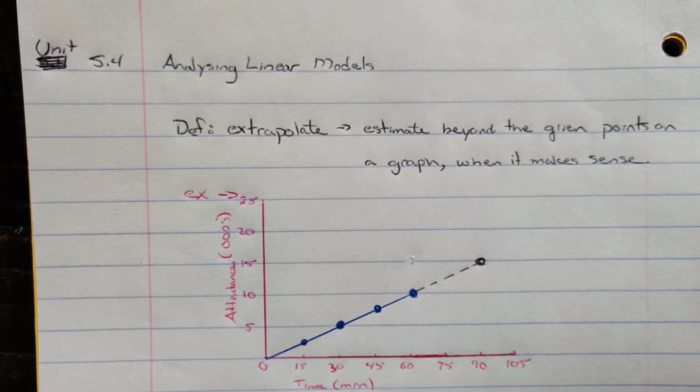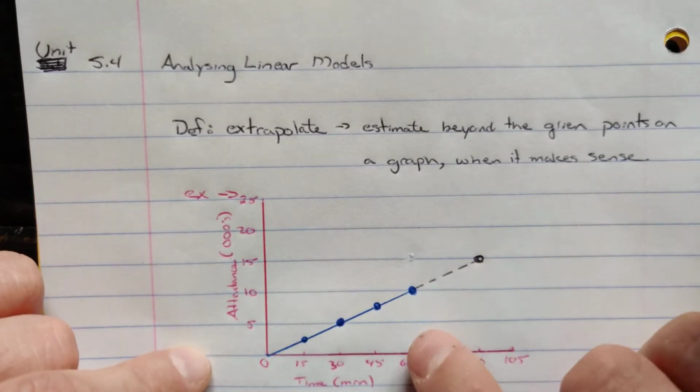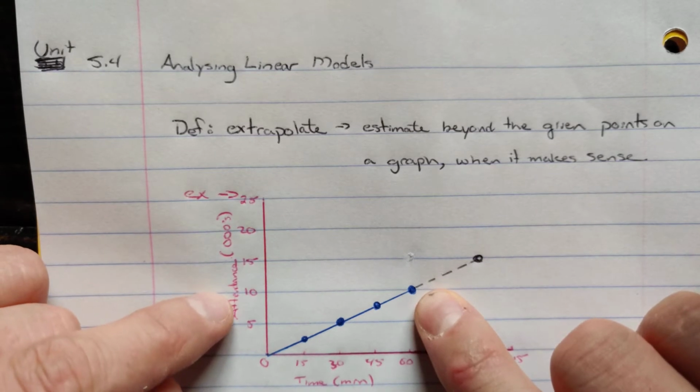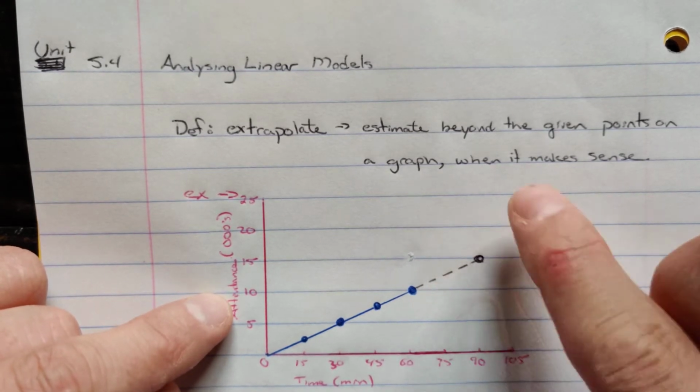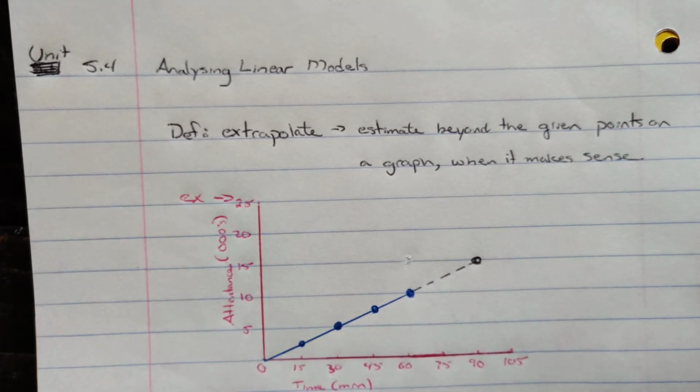But depending on the size of a stadium or the event where it's taking place, it might not make sense to continue extrapolating. If you have a small venue that only holds 10,000 people, then it wouldn't make sense to extrapolate beyond the 60 minutes because we're full. So that's where it makes sense. If you can only fit 10,000 people, it doesn't make sense to get any bigger.